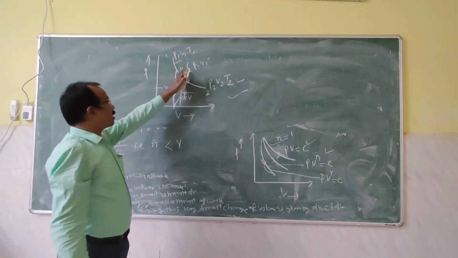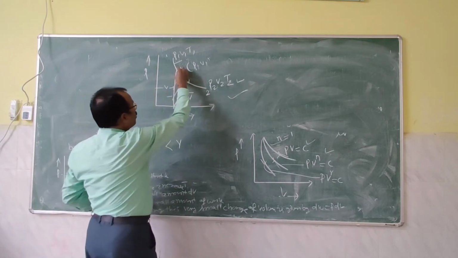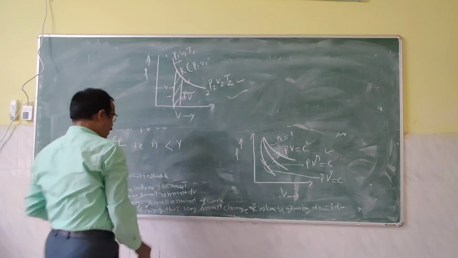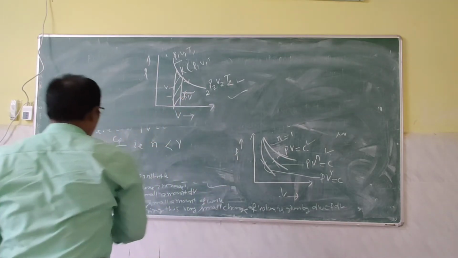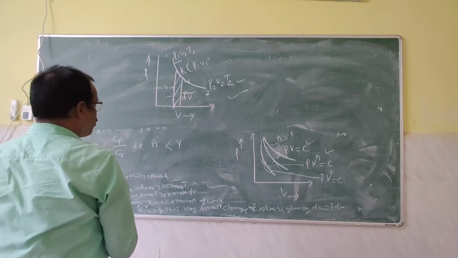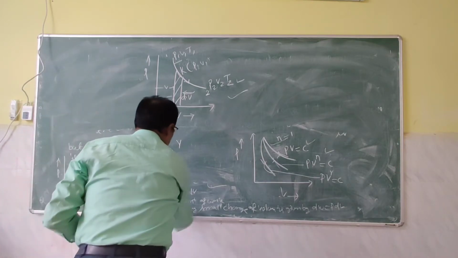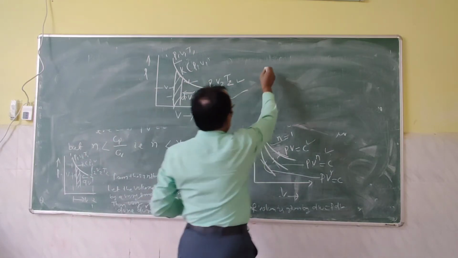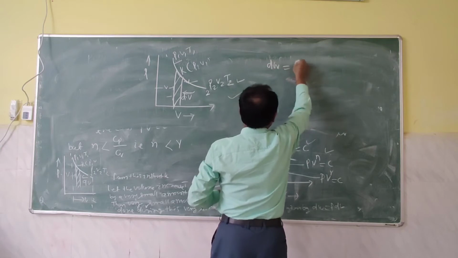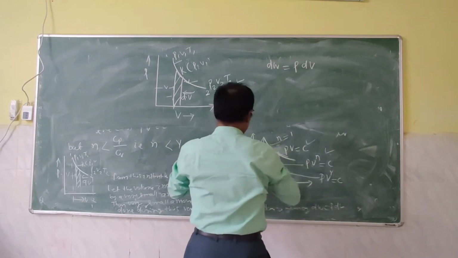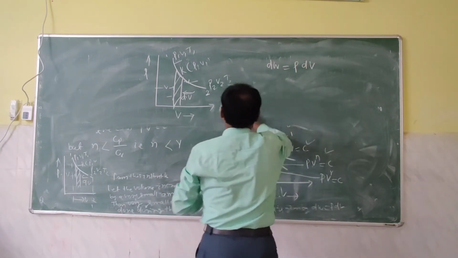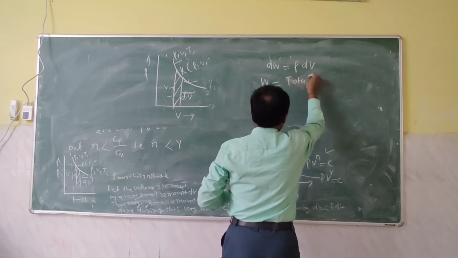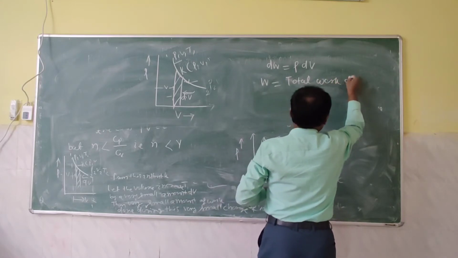From this instant K, let the volume increase by very small amount dV. Then very small amount of work done during this very small change of volume is given by dW is equal to PdV. Then W is equal to total work done.